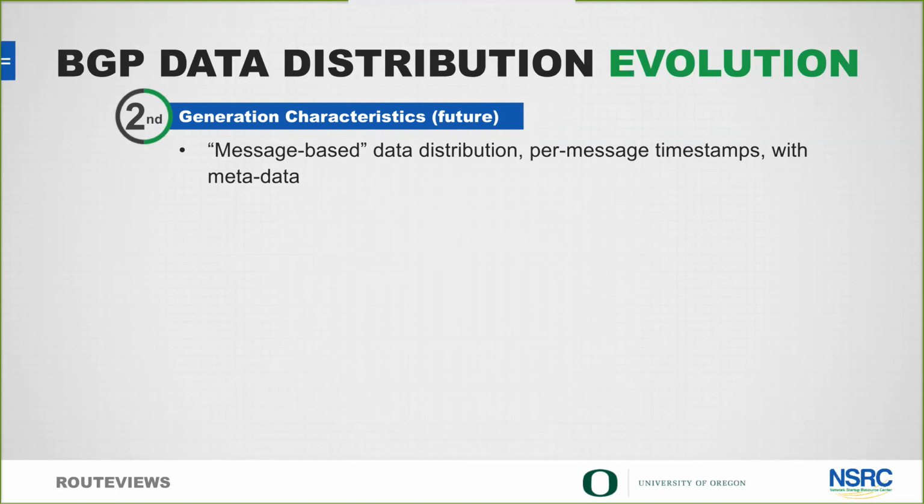So we have per-message timestamps with the metadata about the message, where it was received, what collector, was it V4, V6, all of that different metadata information is available in every packet. It's automated consolidating and sequencing, so you don't have to worry about taking two files from two different collectors and merging those together. That's done for you.